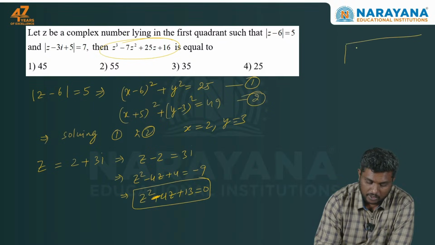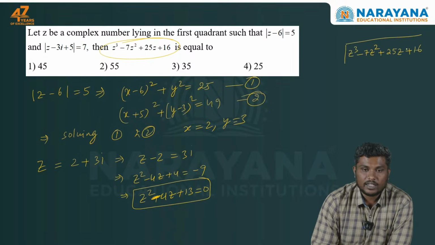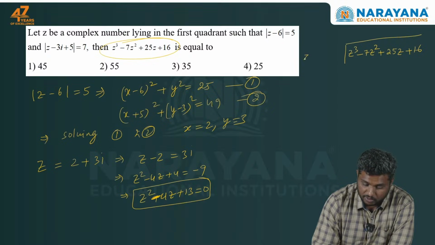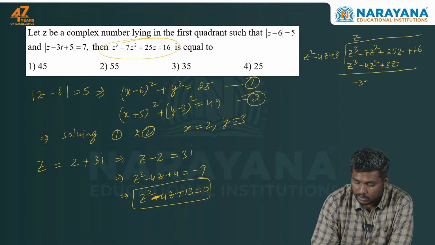So what is given here? z cube minus 7z square plus 25z plus 16 is divided by z square minus 4z plus 3. So z cube minus 4z square plus 3z, whole divided into minus 3z square plus 22z plus 16.